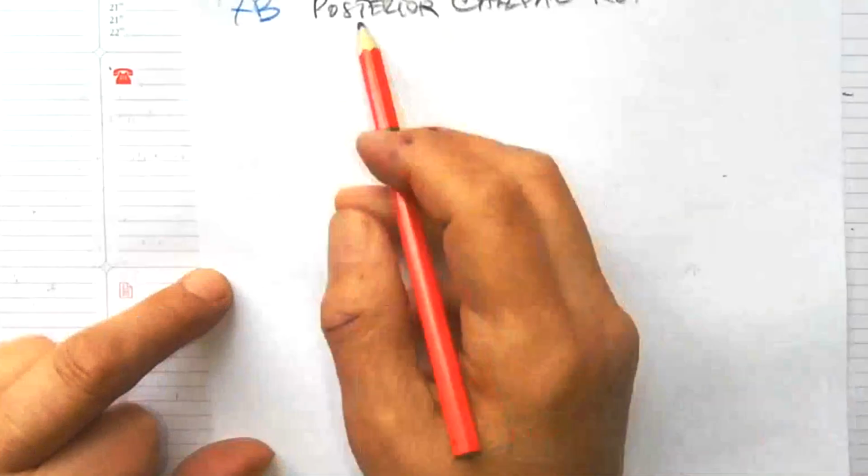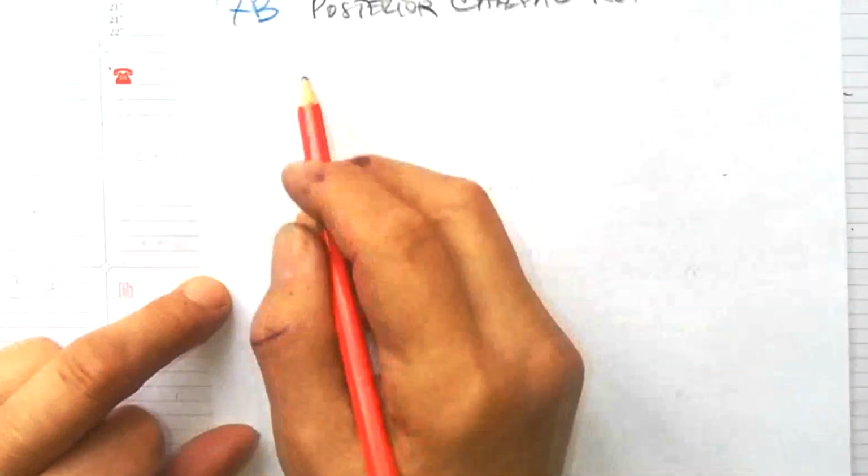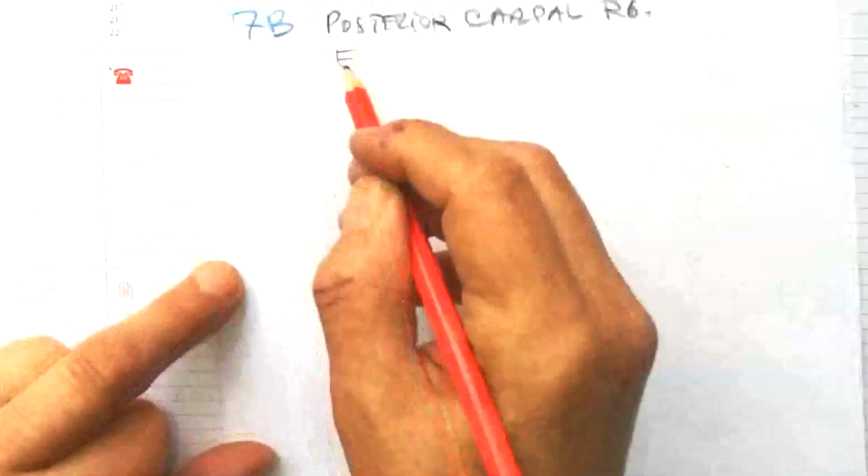In the posterior carpal region, we speak about the extensor retinaculum, because this was ventral, so dorsally is the extensor.